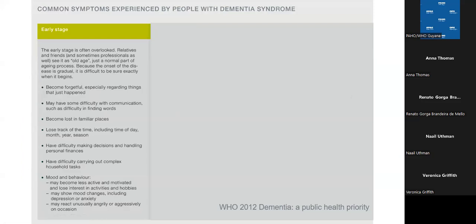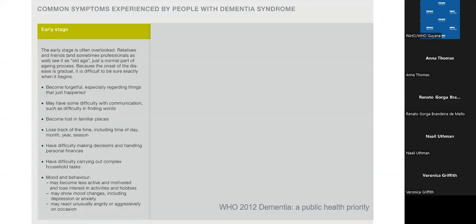What are the most common symptoms experienced by people with dementia syndromes? The early stage is often overlooked. Relatives and friends and sometimes professionals as well see it as old age. It's normal, it's just a normal part of aging process.